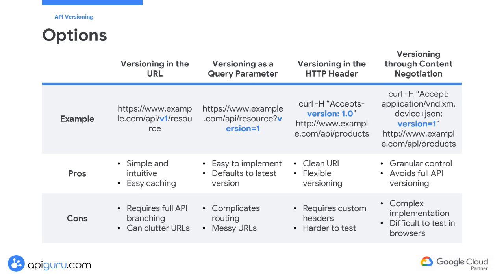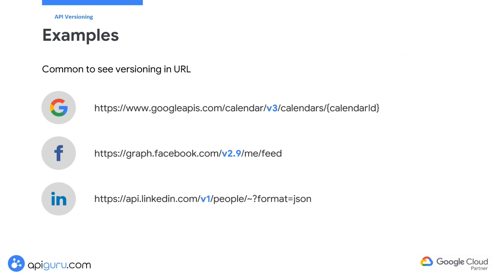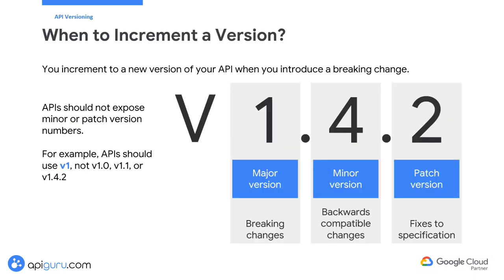Regardless of the method chosen, it is crucial to start versioning from the outset, even in the initial stages of your API. Consistent and deliberate versioning practices are essential for managing changes effectively and maintaining API stability. URI versioning is often the most straightforward and most intuitive approach, making it a good starting point for many APIs. You increment to a new version of your API when you introduce a breaking change.